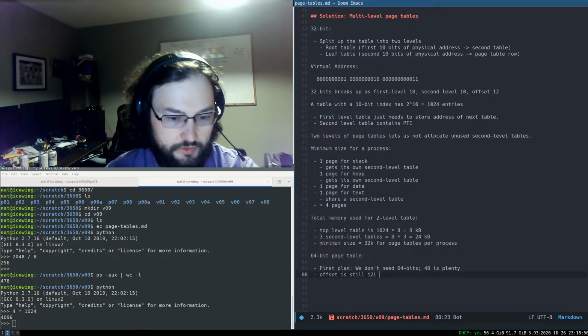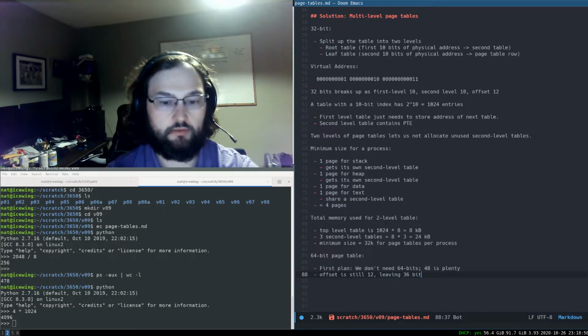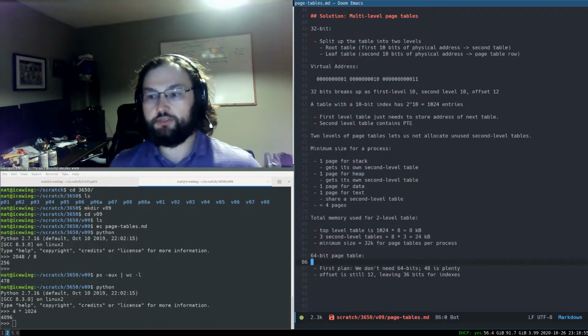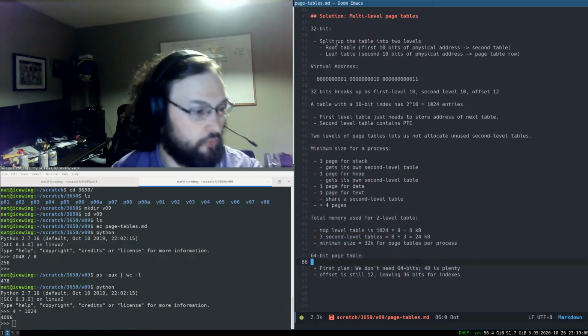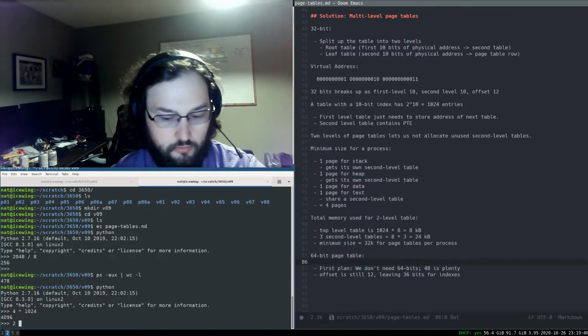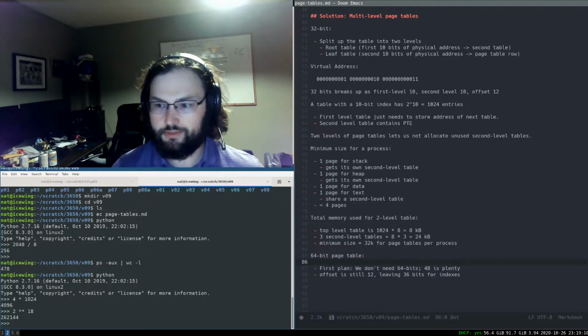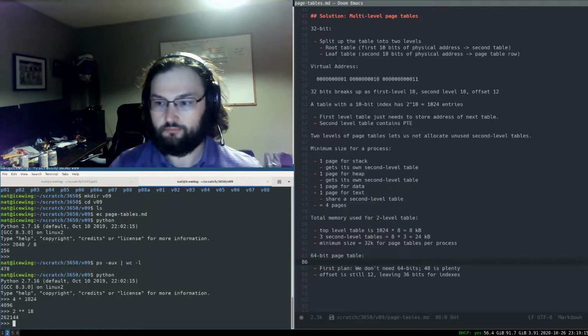That leaves 36 bits for indexes. So they could split that up 18 and 18, in which case every table would be 200 million rows, which is a little bit too much. I mean, it could fit.